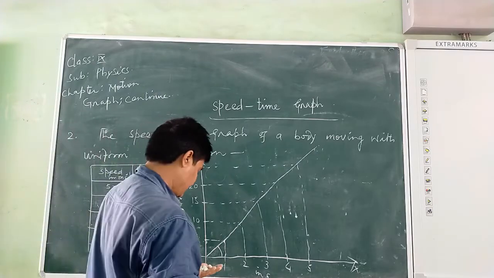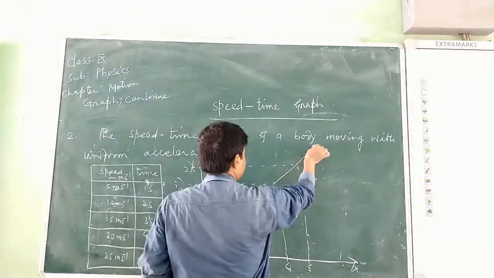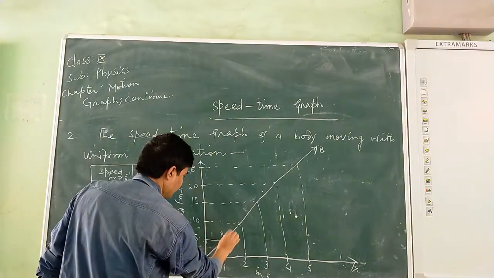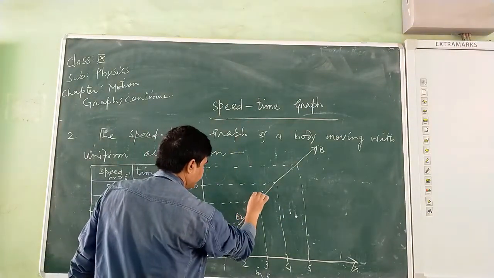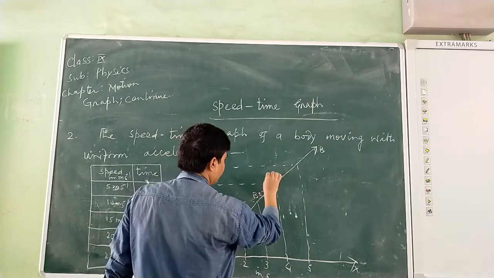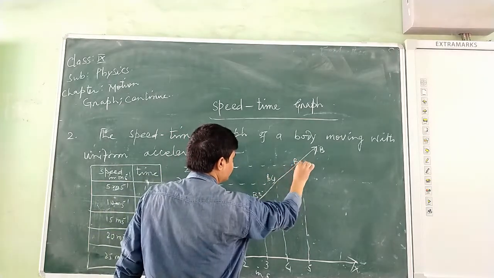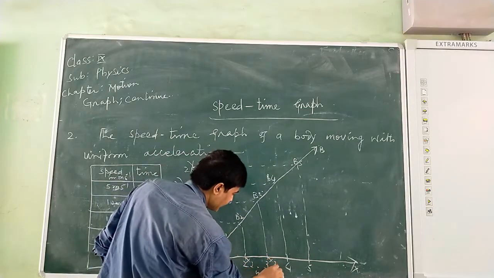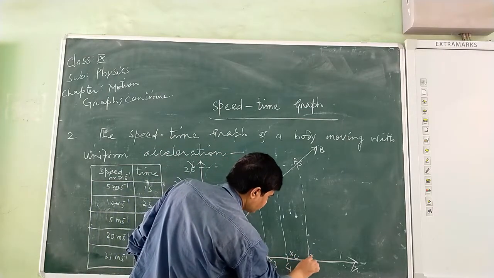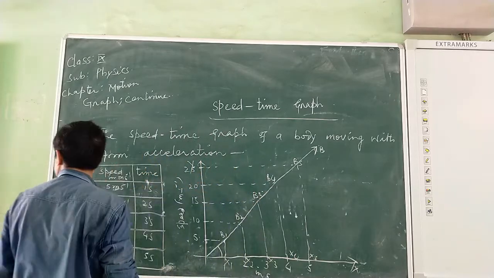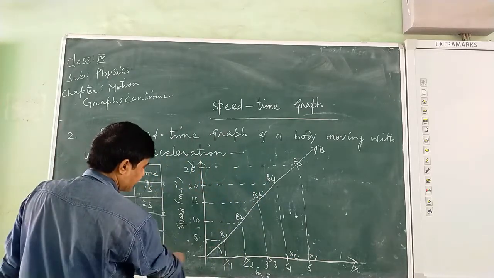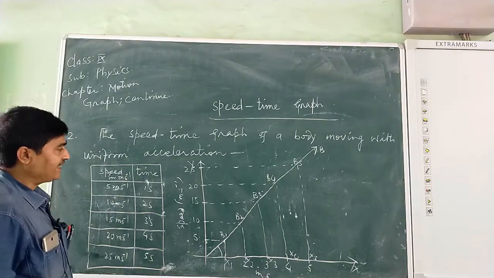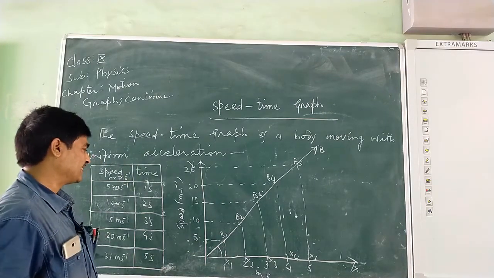Take points B, B1, B2, B3, B4, B5, X1, X2, X3, X4, X5. Same, the ratio between the y-axis and the corresponding x-axis at every interval of time at any instant gives the slope of the graph.